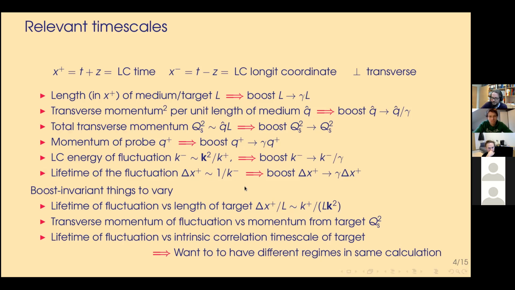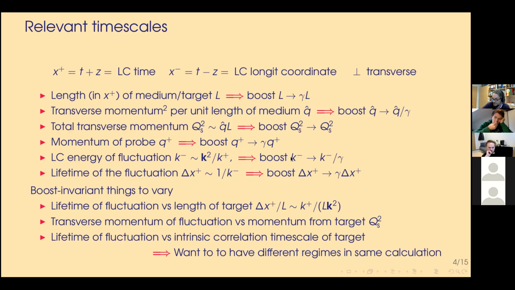If you get lost with these, ask me. Some people might be familiar with these and some might not, and I did not write all the relations down here. For an on-shell particle with a transverse momentum K perp and a plus momentum K plus, the on-shell minus momentum is given by K perp squared over K plus.